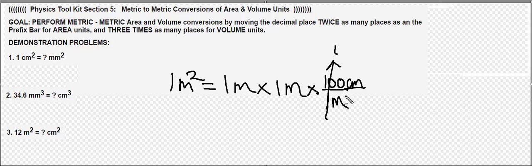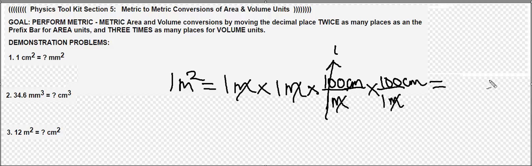But this only takes out 1 of the meters. There's another one, so we've got to do it again. So 1 meter is 100 centimeters. And so now all the meters are gone, and all that's left is centimeters times centimeters, or square centimeters.